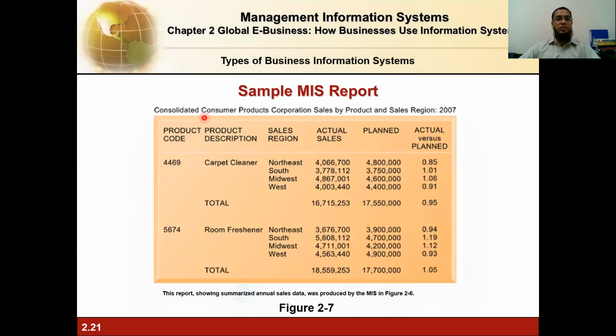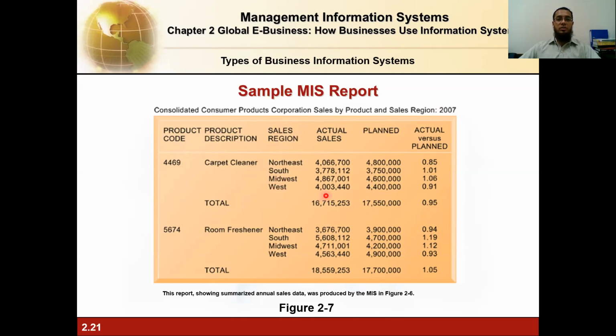For example, this report shows summarized annual sales data produced by the MIS: consolidated consumer products corporation sales by product and sales region, 2007. The product code was 4469, the product description was carpet cleaner. Sales regions are north, south, middle, east, and west, which we can say are KP, Sindh, Balochistan, and Punjab.